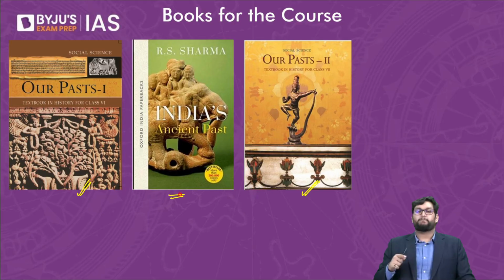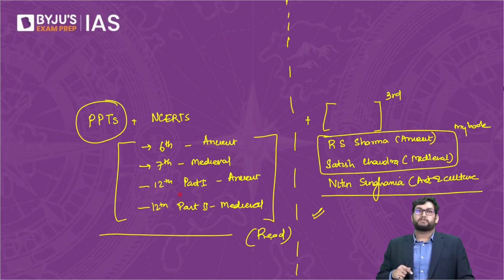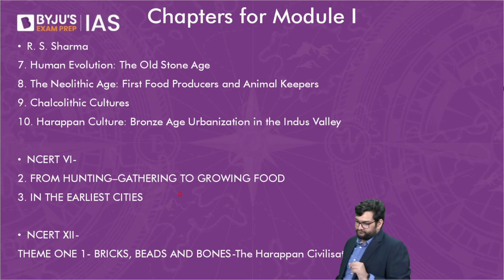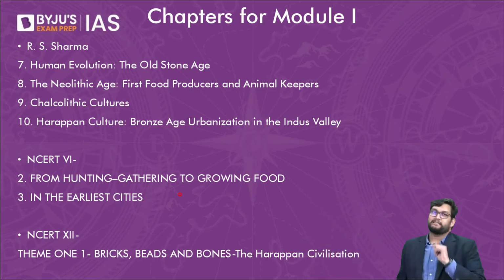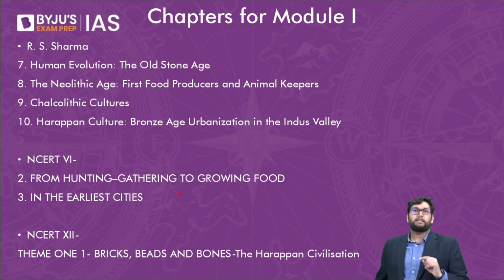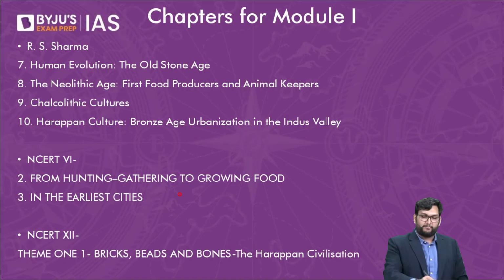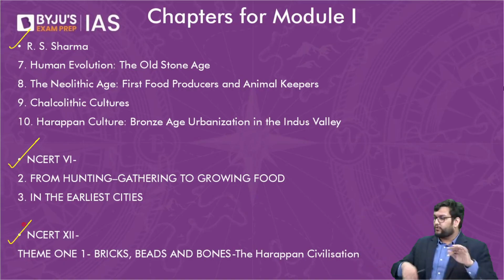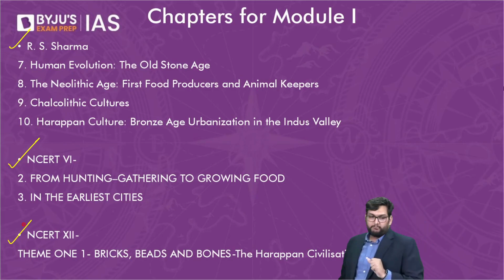Because there are multiple books, I've done one thing, which is that every module has a key like this, wherein I list what chapters from R.S. Sharma and what chapters from the NCERT you can read if you want to read. Because not every chapter in R.S. Sharma is important.